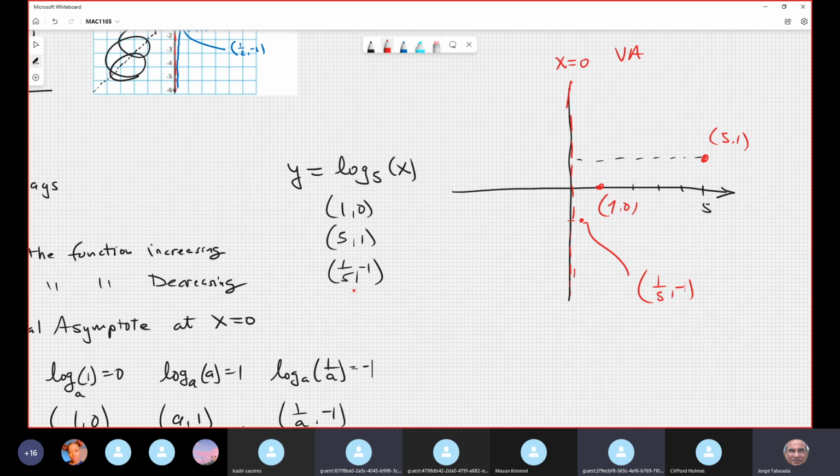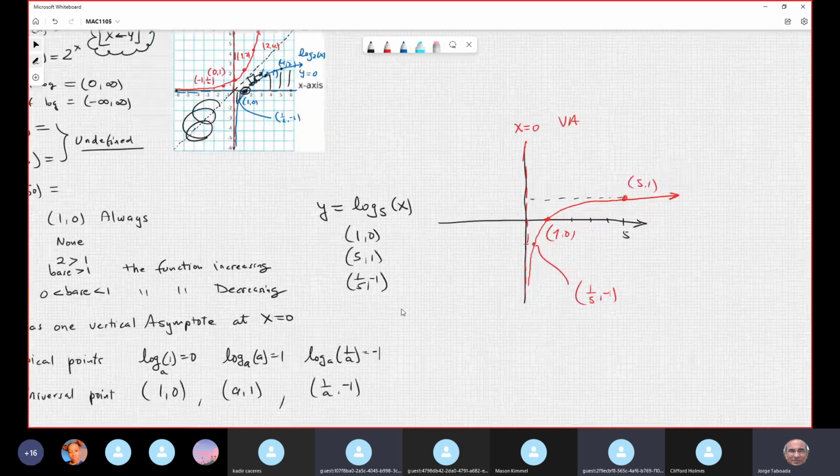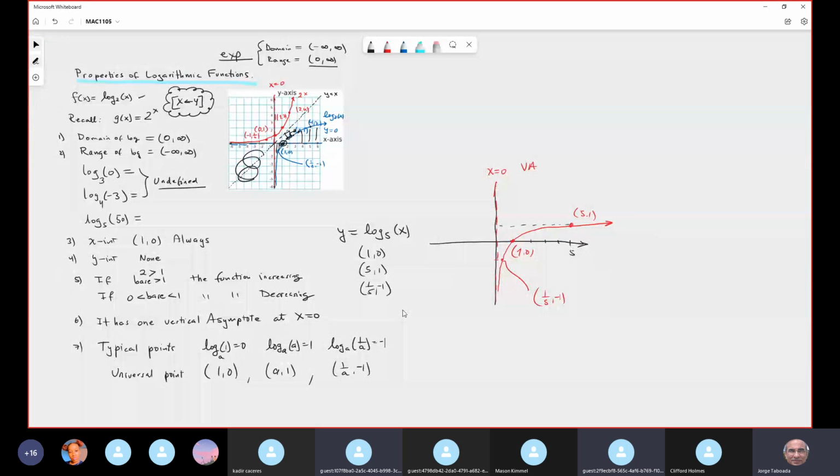And our graph looks like that. Increasing, but increasing very slowly, not fast. Logarithm is a slowly increasing function. Don't worry, be happy, because we continue doing that. In the review package, I reinforce this idea again.